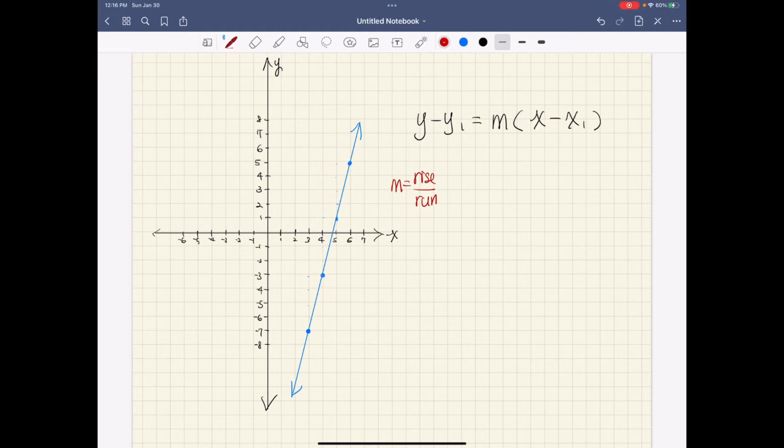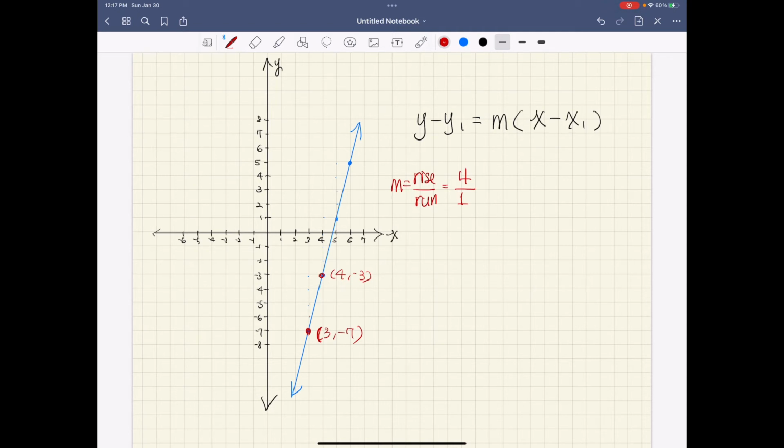So use this 4, negative 3, and 3, negative 7. So if you just move from 3, negative 7 to 4, negative 3, count 1, 2, 3, 4, how many do you have to go up? 4, and to the right 1. Slope is equal to 4.